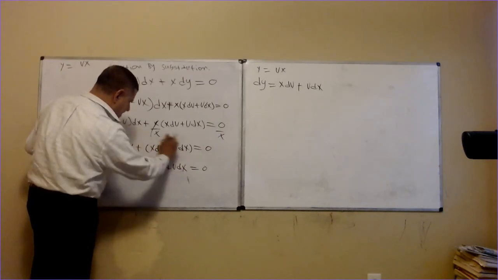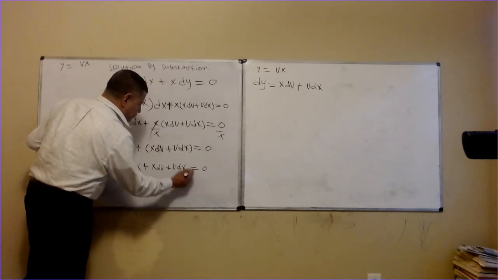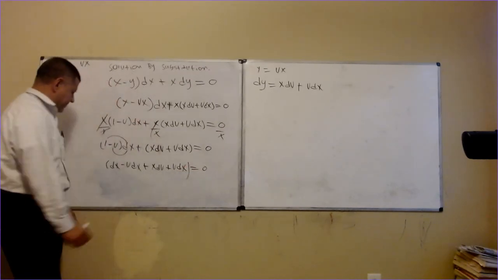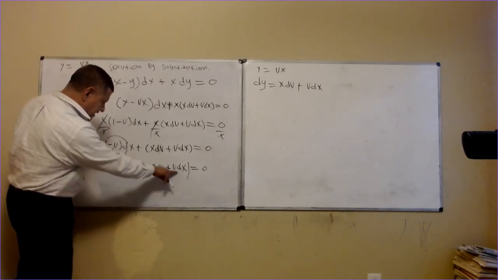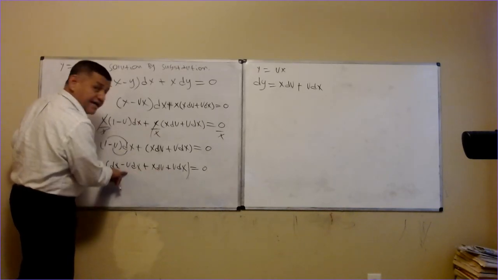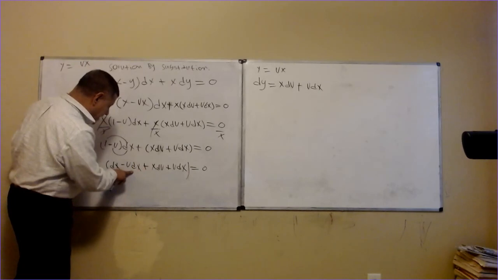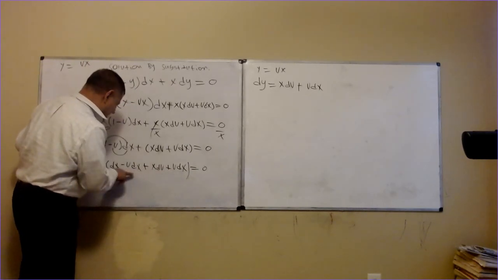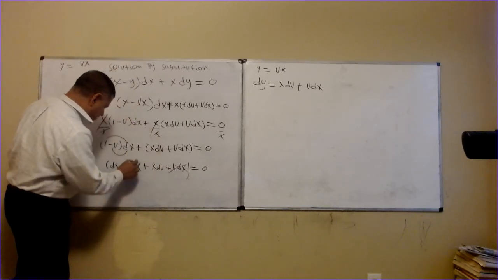I am not multiplying anything with that, so I can get rid of those parentheses and put everything inside one parenthesis. Now, this v dx and v dx have opposite signs, which means I can add them up. When I add a negative and a positive, I get 0, if they are the same.